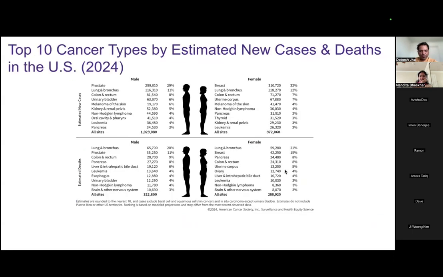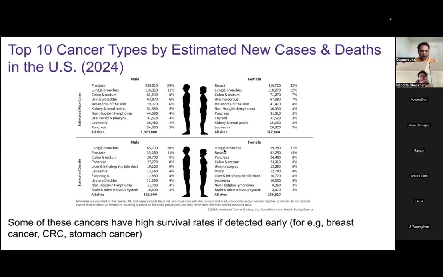And if we talk about United States, the trend is similar. So you can see, for example, in male, the leading cause of cancer is prostate, followed by lungs, colorectal, and for female it is breast, lung, colon, and so on. So the trend is the same as that of the other part of the world.